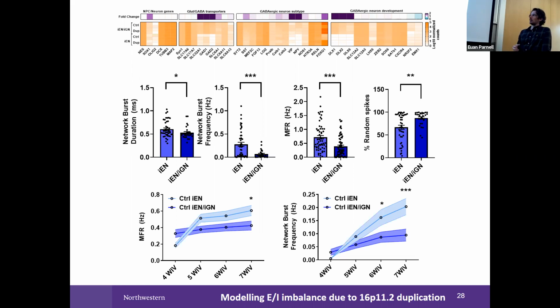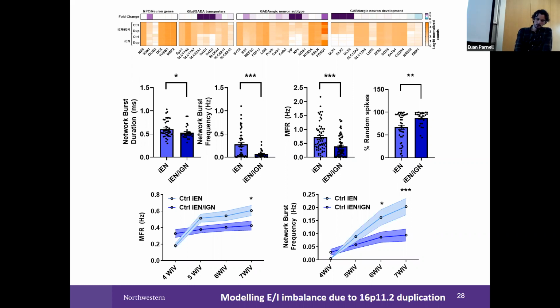And so we saw really robust changes in the duration of these network events, in network burst frequency, mean firing rate, number of random spikes. And so we can tell that these interneurons were really active in changing how the excitatory neurons fire within the culture. We saw these changes occurring at 5 weeks, which is consistent with publications on MEA and using patch clamp of the GABA switch, so the change in interneuron function from excitatory to inhibitory.